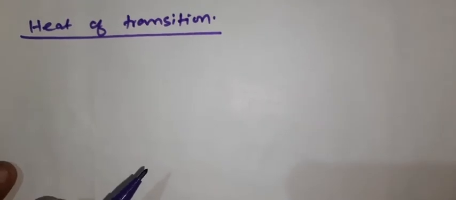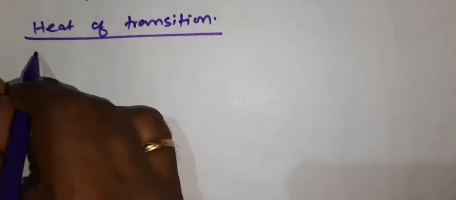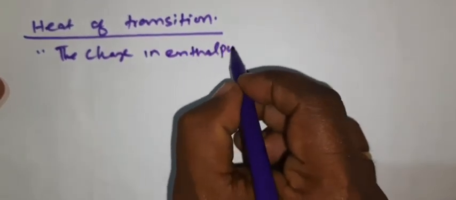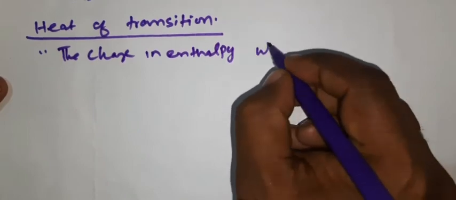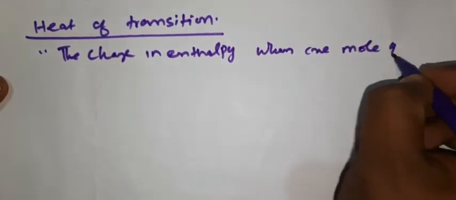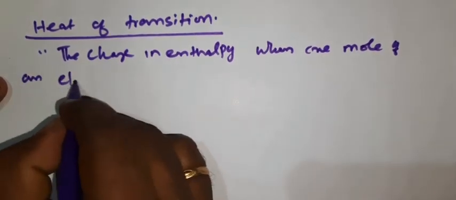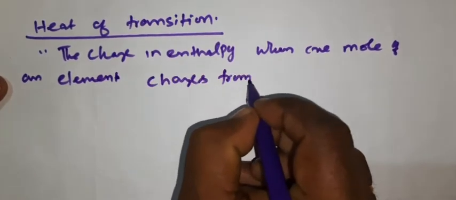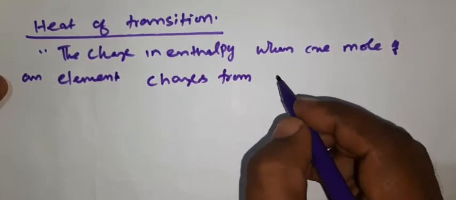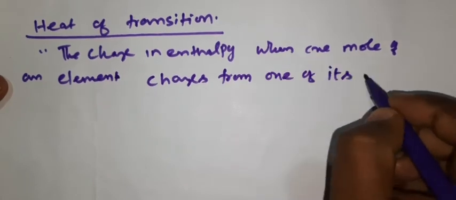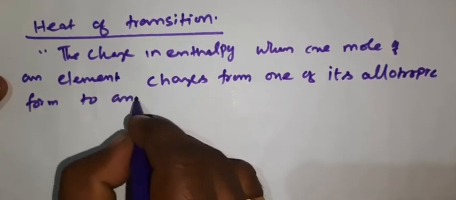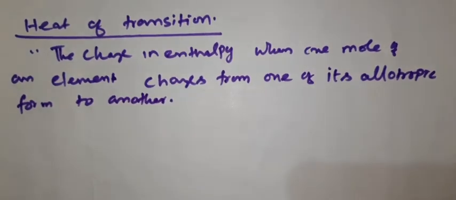Heat of transition is defined as the change in enthalpy when 1 mole of an element changes from one of its allotropic forms to another.